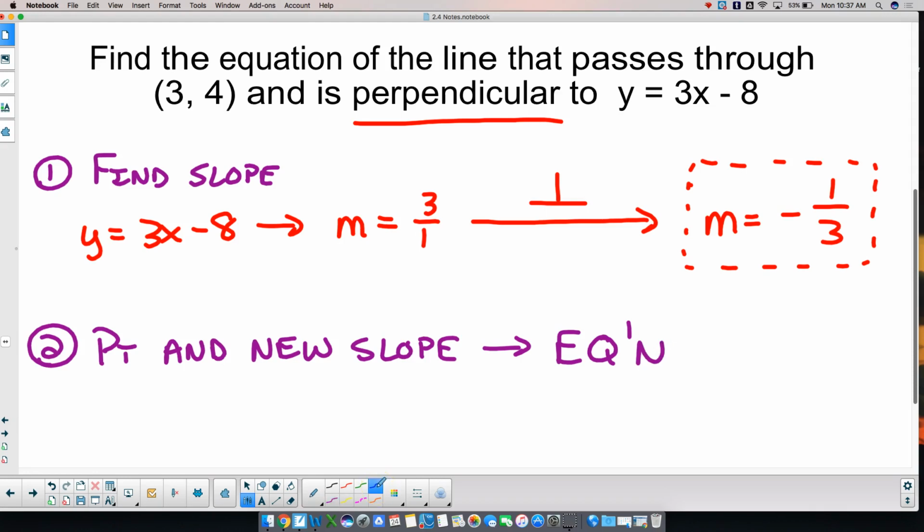So that would be y minus 4 equals negative 1/3 times x minus 3.